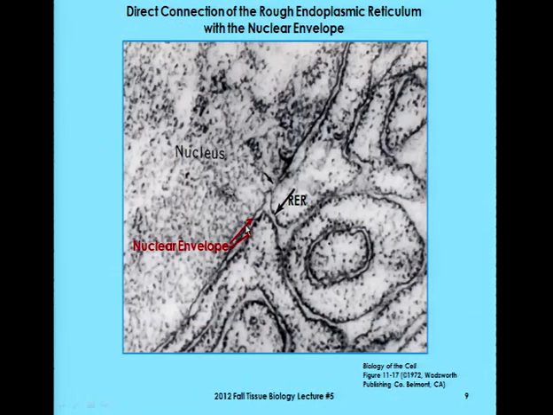The nuclear envelope is pointed out here by the two red arrows. This arrow here is pointing to a nuclear pore. And we can see back here in the cytoplasm the rough endoplasmic reticulum, and its direct attachment to the nuclear envelope.